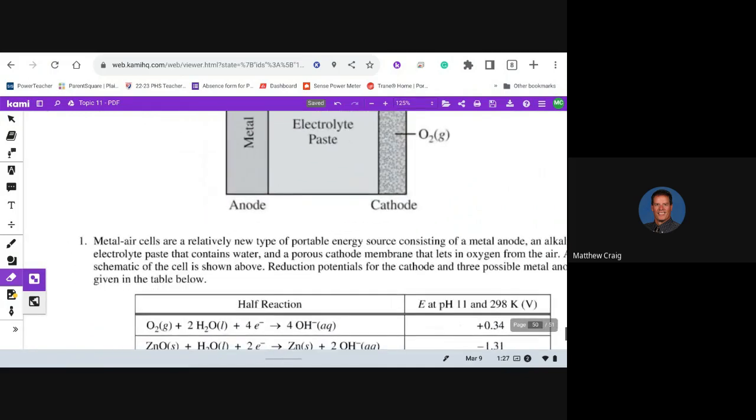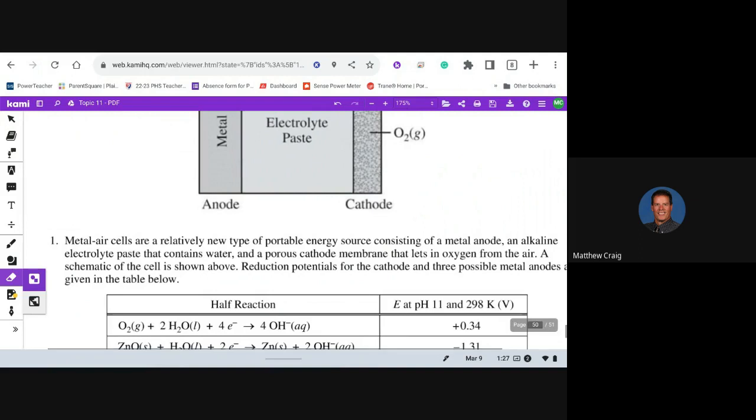So number one, actually the only question for this one, it says, metal air cells are a relatively new type of portable energy source consisting of a metal anode and alkaline electrolyte paste that contains water and a porous cathode membrane that lets in oxygen from the air. A schematic of the cell is shown above.